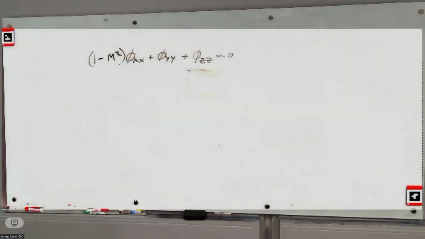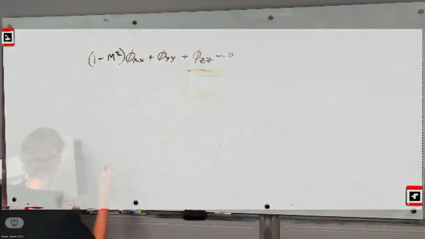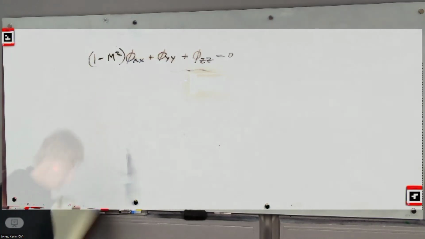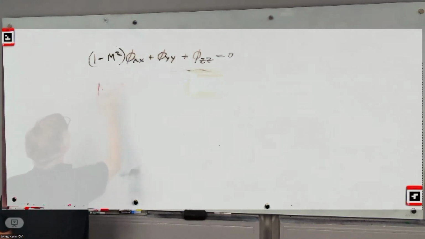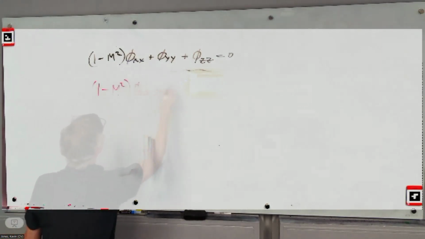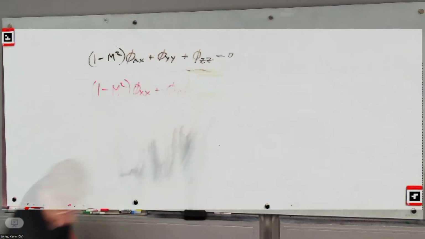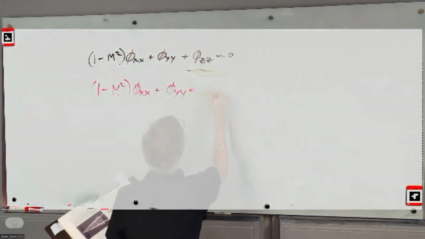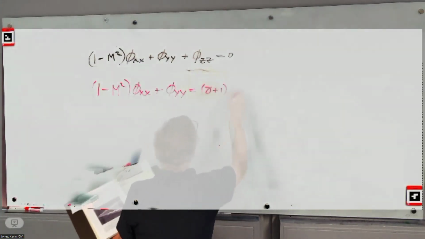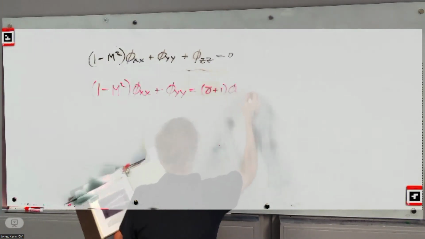And there's one other thing, just throw it up there because it has some historical relevance to myself. There's a 2D version of a marker that's still right. 1 minus M squared phi_xx plus, gamma plus 1, times phi_x times phi_xx.